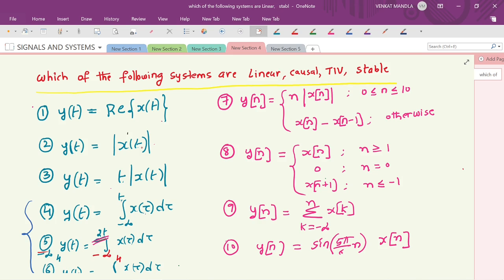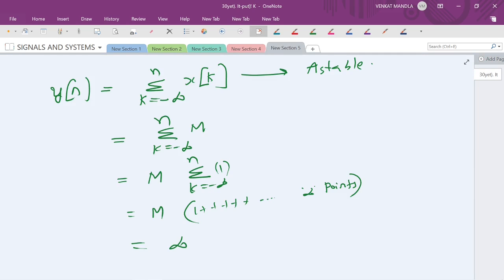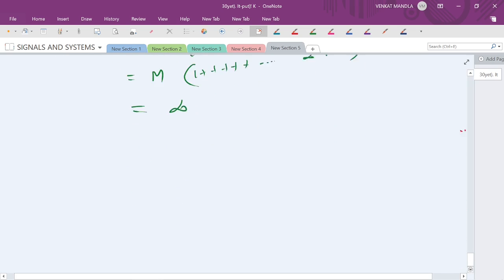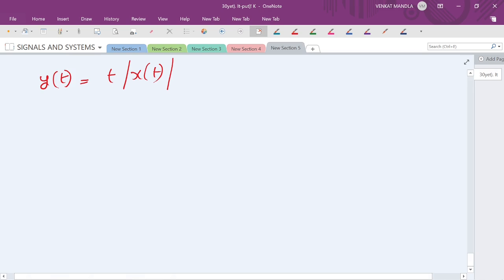Here also y(t) equal to t times mod x(t). If I want, I will explain this. So y(t) equal to t times mod x(t). There are no x(t+something), right? No future inputs. For y(0) you will get 0 times x(0), you will get 0.